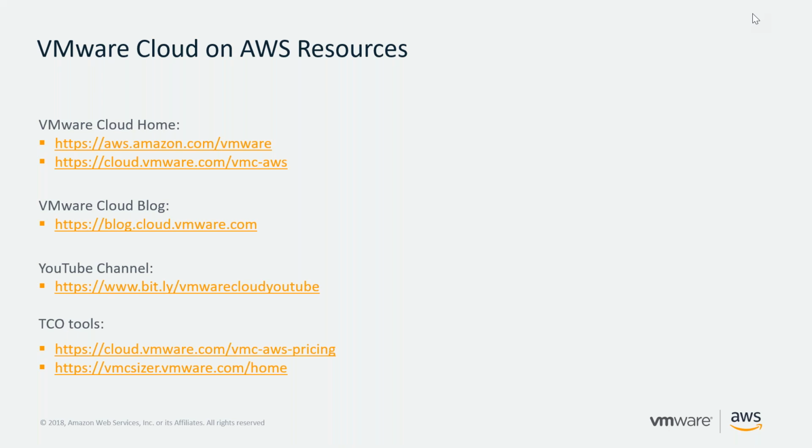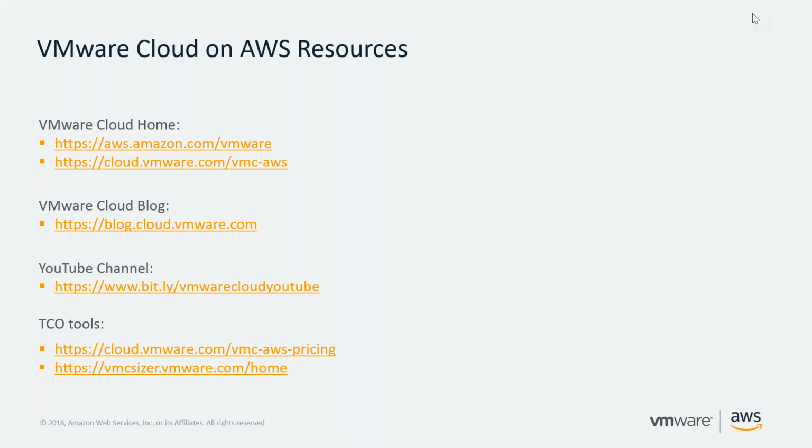They're very informative. You get some technical information in regard to how to do certain things, how to leverage VMware Cloud on AWS. And then also with the YouTube channel, there are particular videos in regard to VMware Cloud on AWS, some of the use cases, how to utilize it, even setting it up and deploying it. It's very good as far as getting hands-on and learning about the services itself.